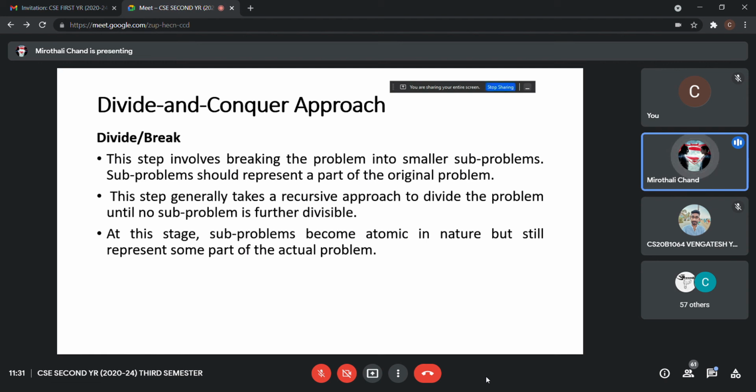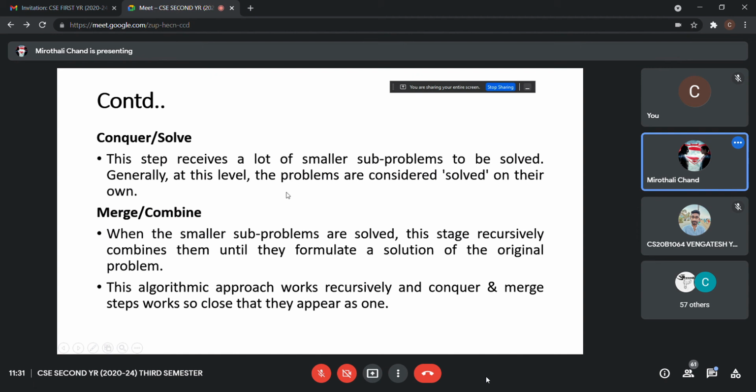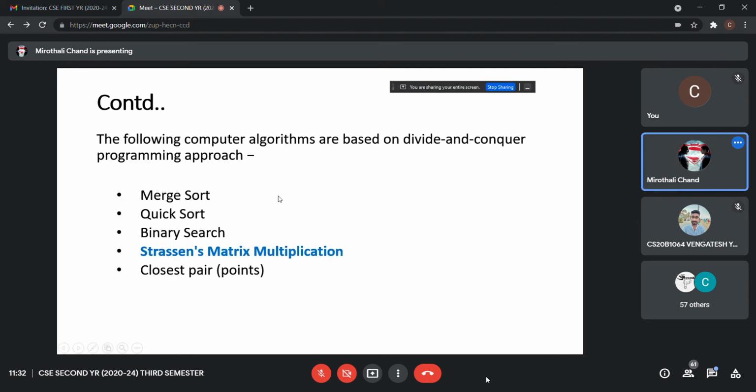Then solve them one by one based on the problem. Then combine these solutions recursively and give the final solution. These are the most popularly used steps in the divide and conquer approach.